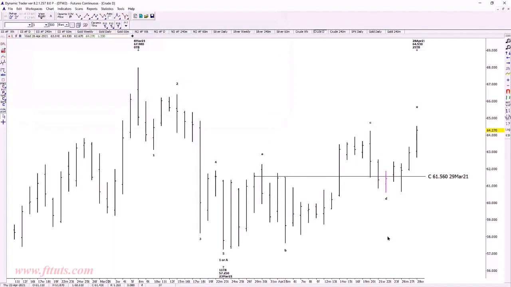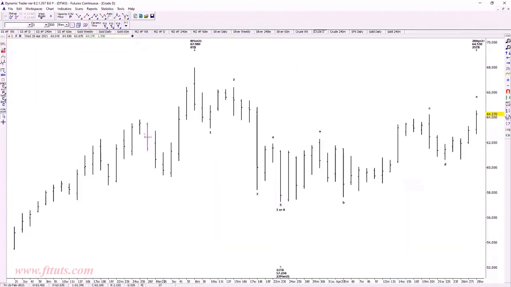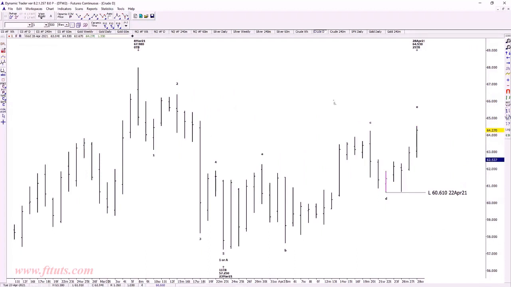What would indicate this correction is complete? Well, the obvious is a trade below the last swing low, what I got labeled as a wave D. Now, once we learn more about subdivisions, we could identify, even from pattern, a much closer-in pattern reversal signal.